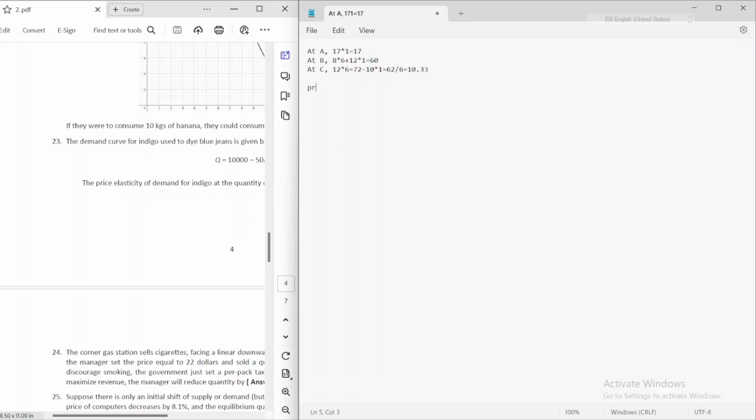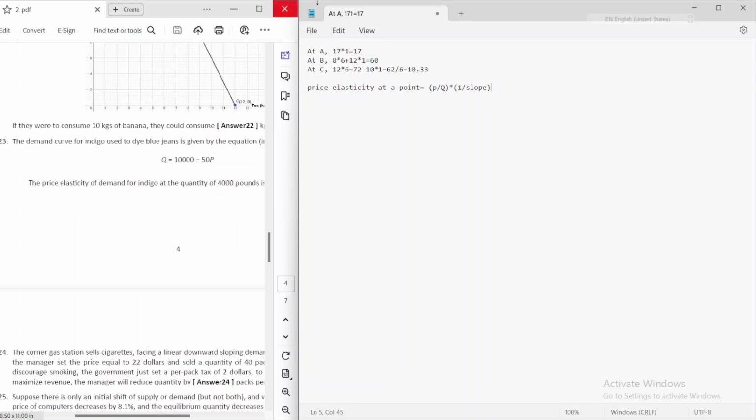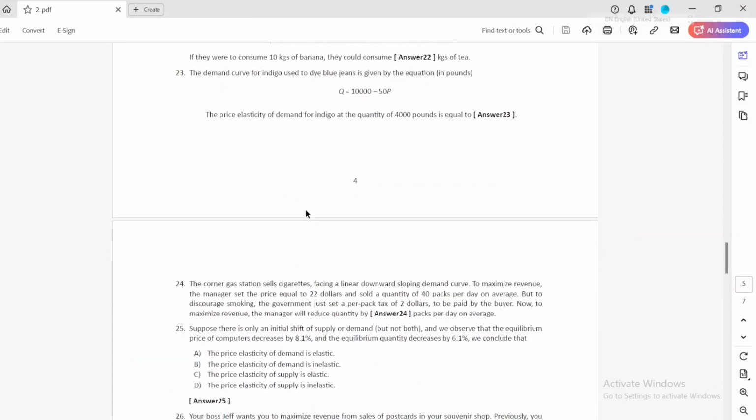The formula is price elasticity at a point equals P divided by Q times 1 over slope. Okay, so you have P, you have Q, and you have the slope from this equation. So you can obtain the price elasticity. I hope you can do it. Okay, let's do the next question.